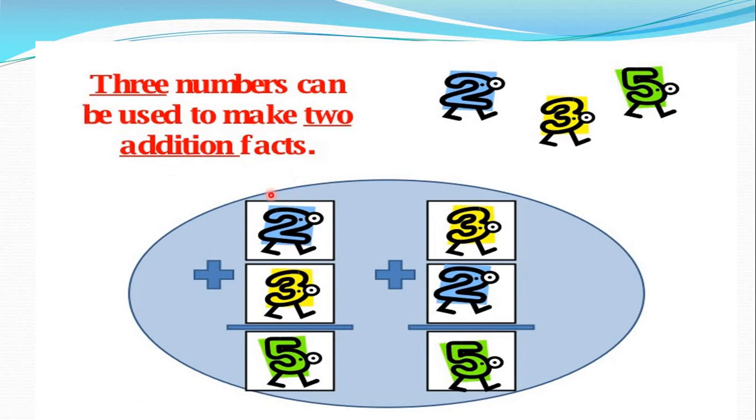So now here, students, 2 plus 3. 2 plus how many? 3. So the answer is what? 5. And here 3 plus 2 means 3 plus what? How many are we adding here? 2. So 3 plus 2, how many, students? 5. Okay.